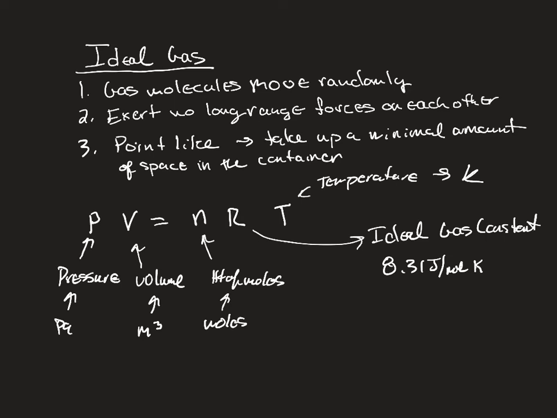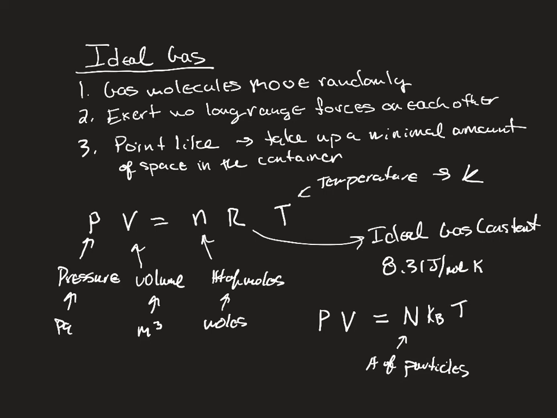There is another form of the ideal gas law. And it looks very similar. We still have pressure times volume, so that hasn't changed. But instead of using number of moles, we're going to use number of particles. And instead of using the ideal gas constant, we're going to use the Boltzmann constant.